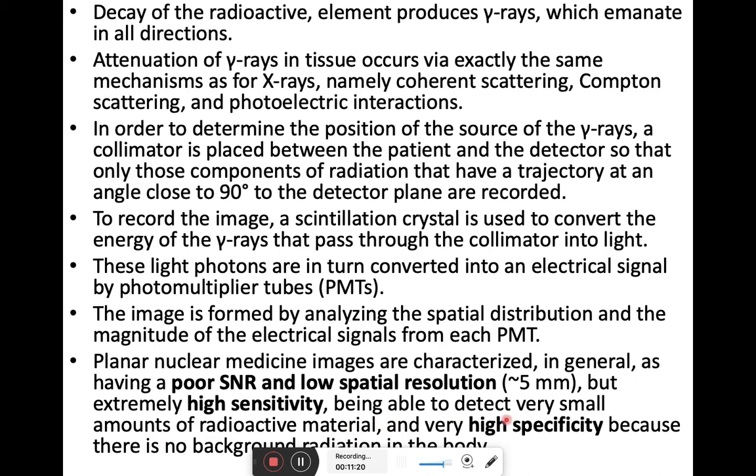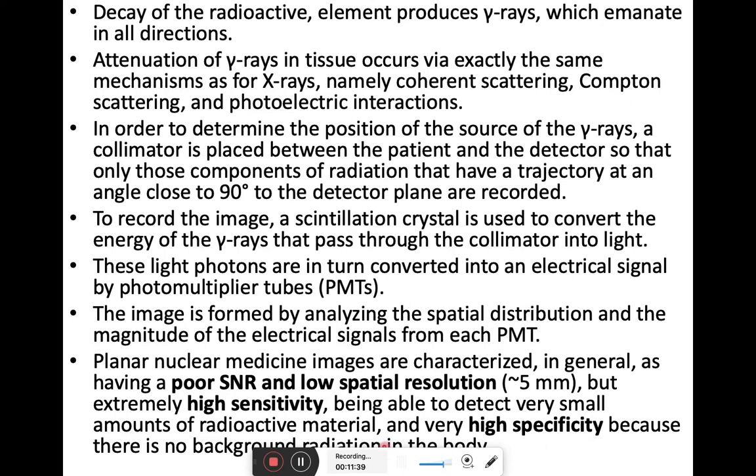They also have very high specificity, because high specificity ensures that only the targeted organ that is injected with the radioactive elements is detected.